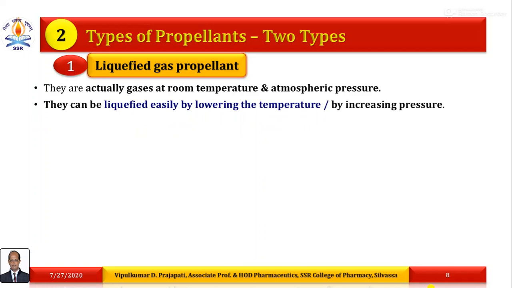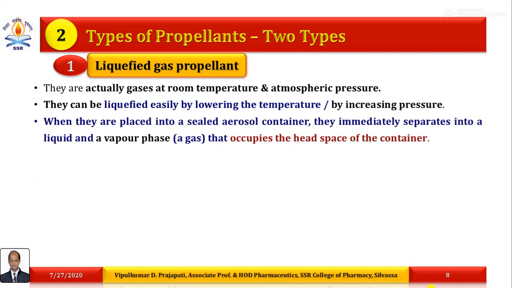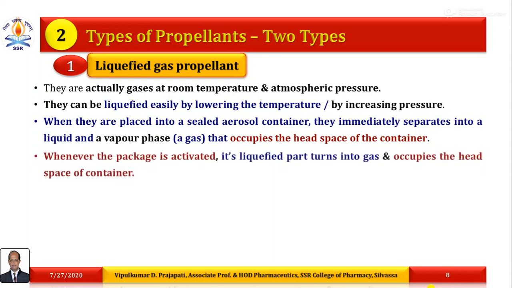They can be liquefied easily by lowering the temperature or by increasing pressure. When they are placed into a sealed aerosol container, they immediately separate into a liquid and vapor phase that occupies the head space of the aerosol container.